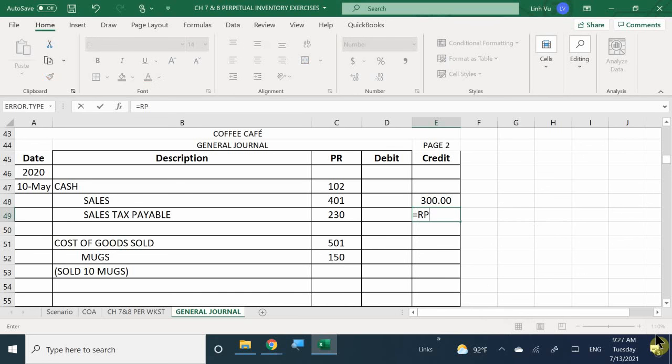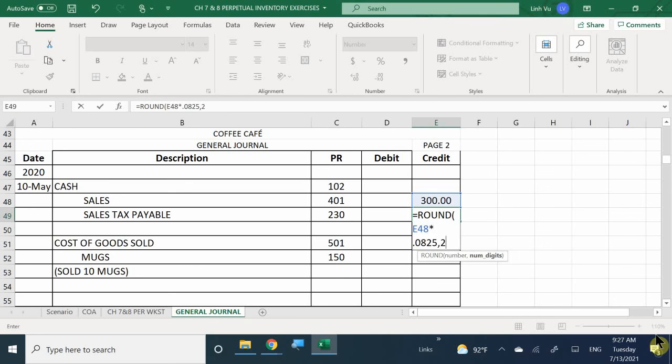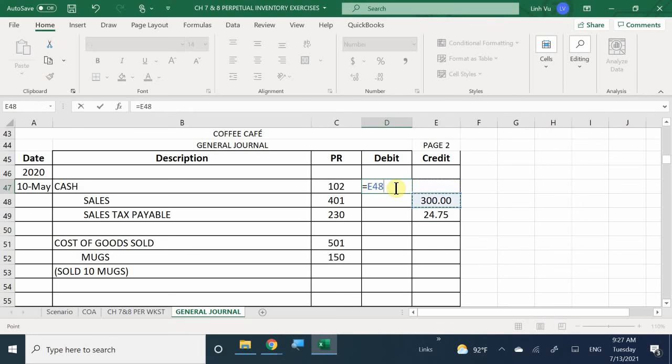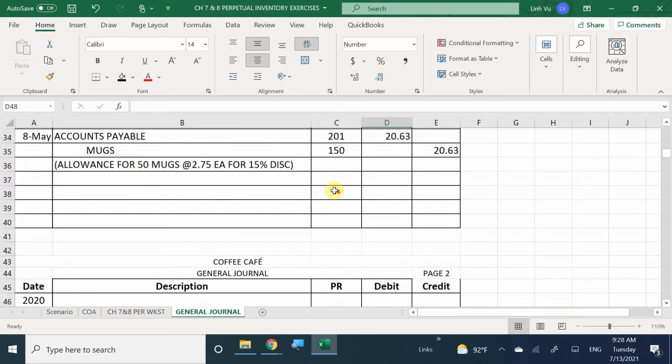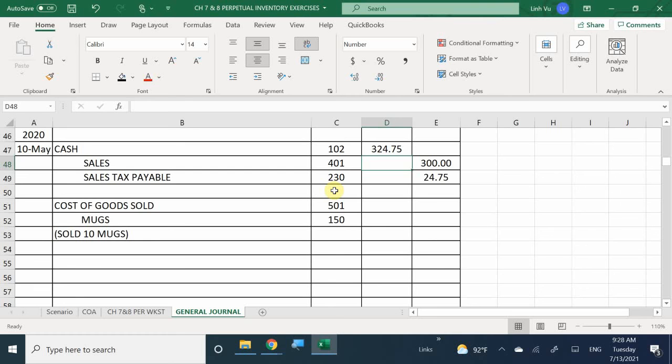How much tax am I going to be charging? 8.25%, so $24.75. Good. So how much cash in grand total am I going to be receiving? $324.75.